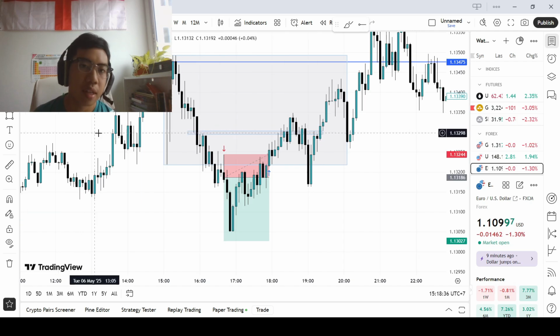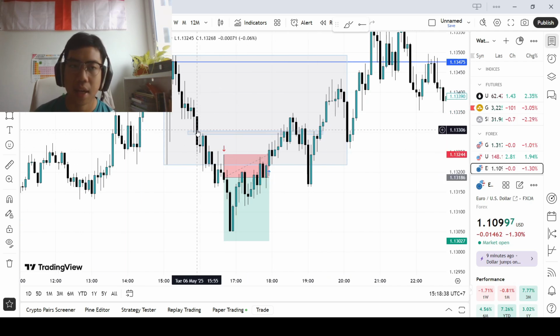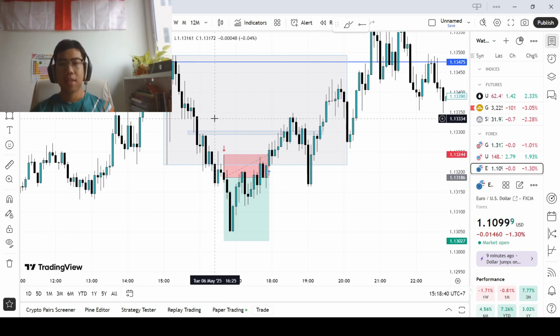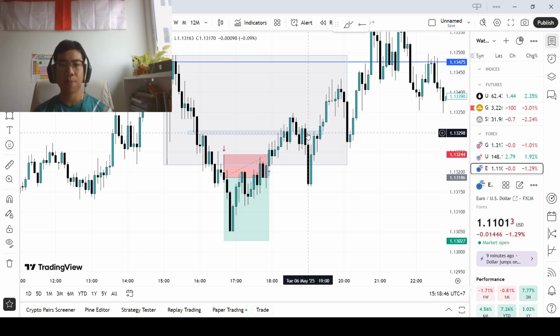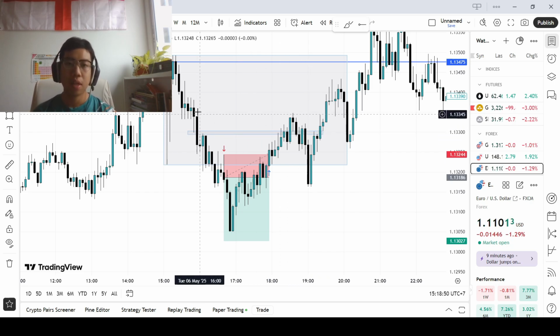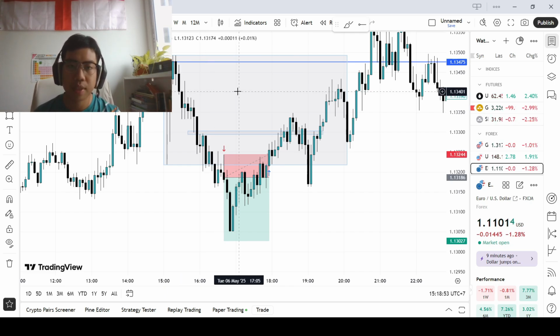And I also identified a fair value gap that was also a potential retracement entry right here. I already drew it out prior to recording this. So two potential forms of re-entry.